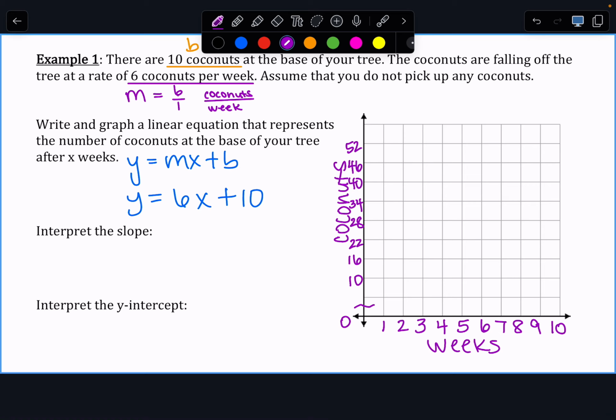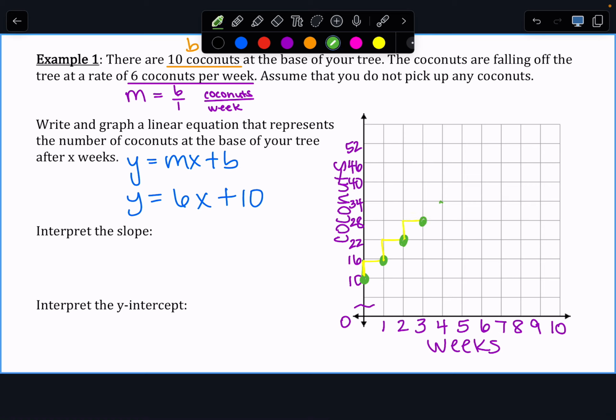Okay. So watch this. We begin at 10. That's our y-intercept. And our slope is 6 over 1, right? Oh, hey, cool. I can go up 6 over 1. Here's my new coordinate. I can go up 6 over 1. Here's another coordinate. I can go up 6 over 1.